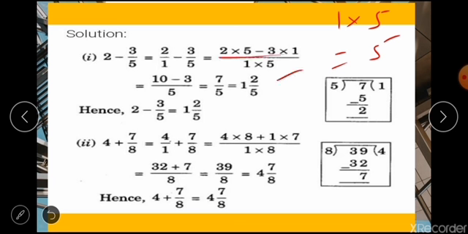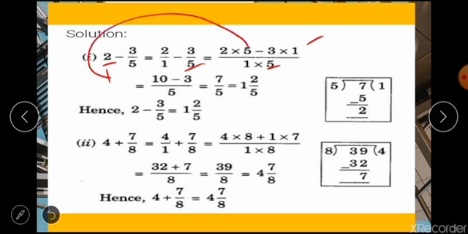Then what will you do? 2 as it is, means the number given in the numerator, 2, and multiply by what, student? You will multiply it by 5. And then minus 3 as it is, and you will write down 5 1s are 5. So you will write 1 here, and as a denominator 1, so you will write 1 5s are 5.